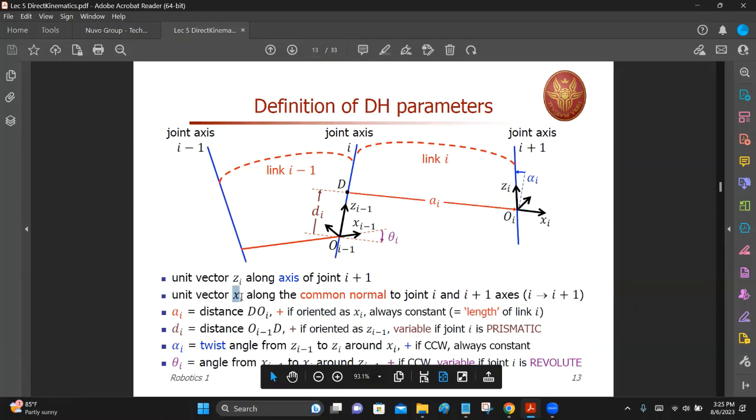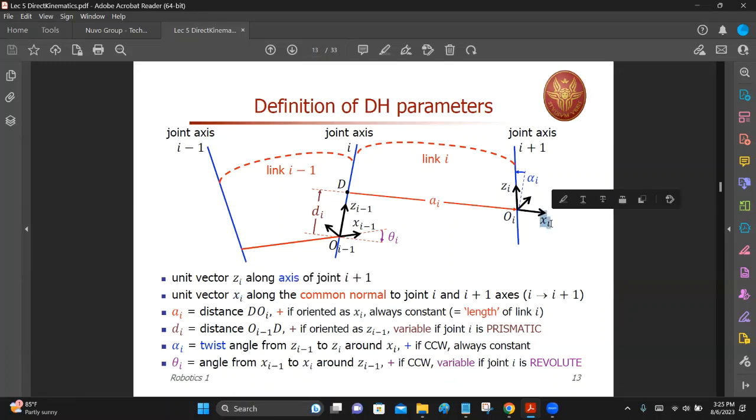Unit vector xi, where is xi? This one, unit vector xi. Before you come to this joint is the link. So the extended common perpendicular is actually xi. You have the common perpendicular from here to here, and you further extend it in the same direction, and that is xi.